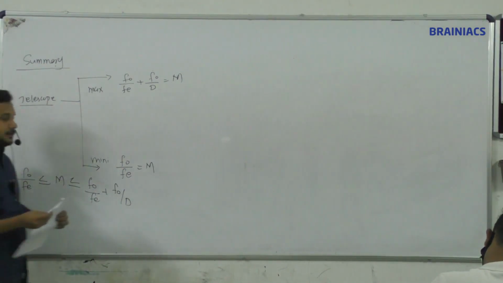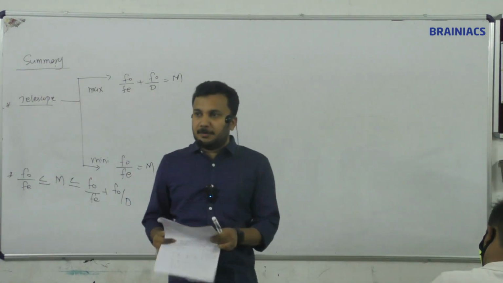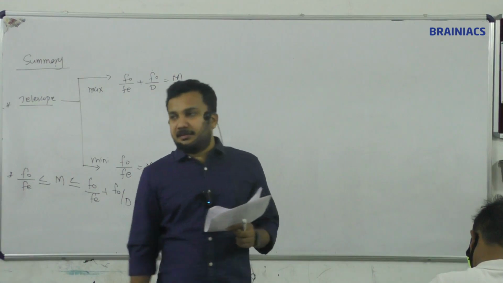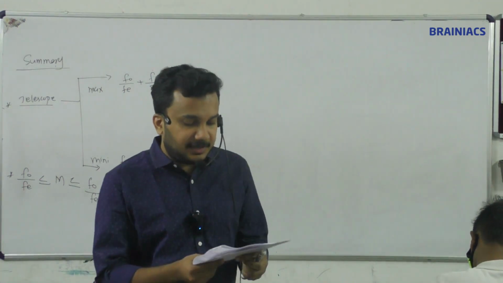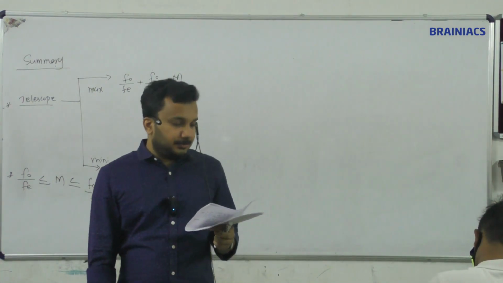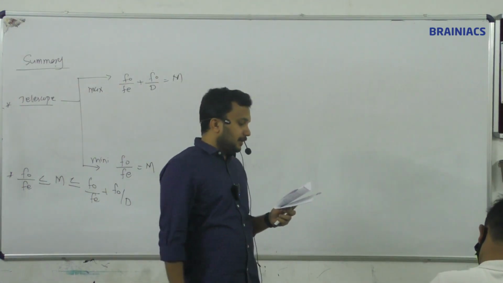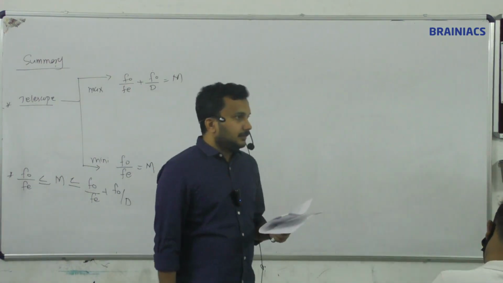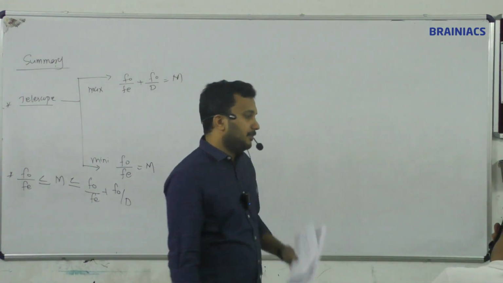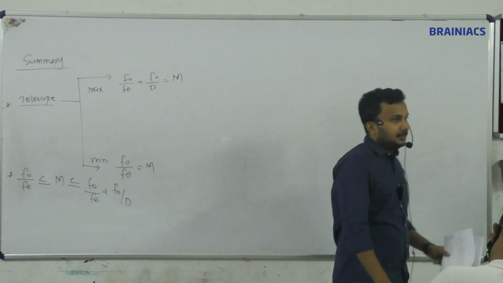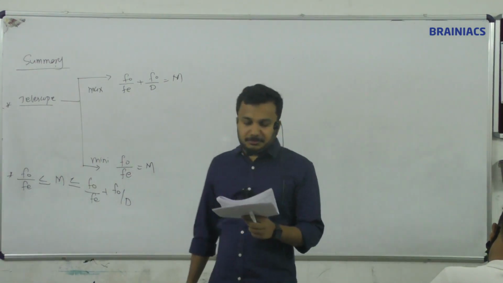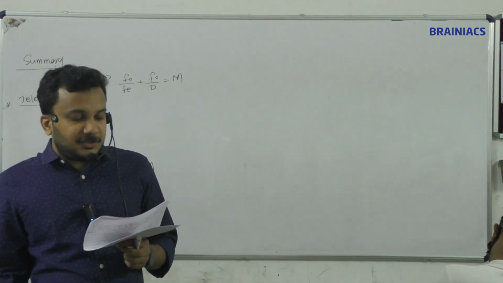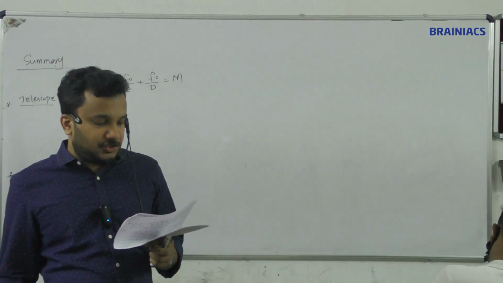Next, write a question. A refracting telescope is under normal adjustment. Under normal adjustment, the magnifying power is 5.